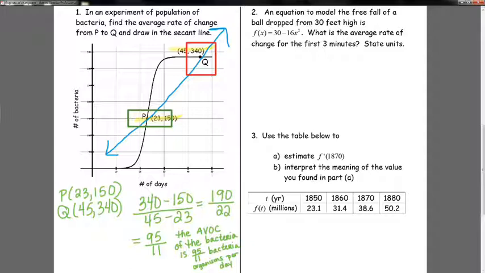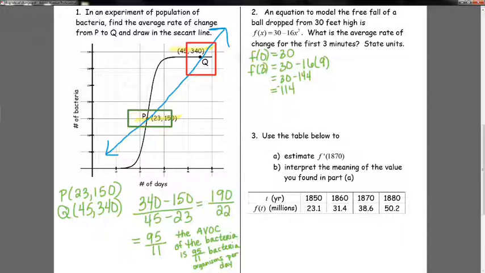So let's go ahead and get our f of 0 and our f of 3. f of 0 is going to be 30. f of 3 is going to be 30 minus 16 times 3 squared, which is 9. That's going to be 30 minus 144, which is going to be negative 114.